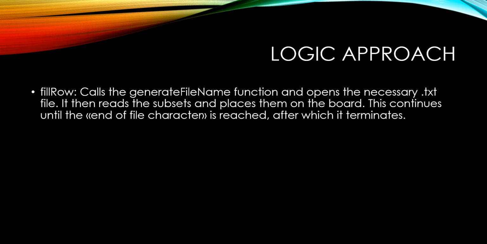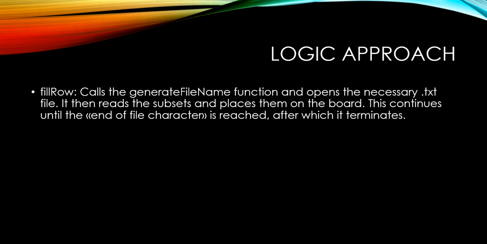The fill row. Fill row calls the generate file name function. It gets the file name that needs to be opened, and it goes there and opens the necessary text file. Well, it then reads permutations of these subsets and places them inside the row that it is currently pointing at.